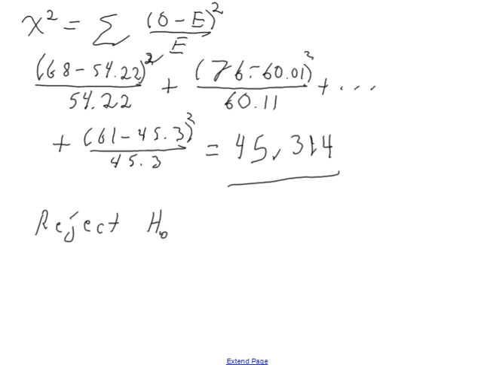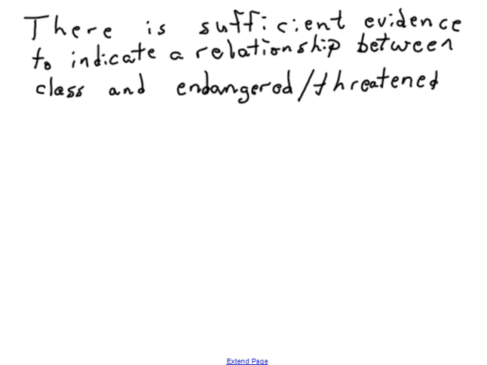And it's always a square, so it's always positive. And then you reject if it's greater than. And then we had our summary. And our summary needs to be based in terms of what our null hypothesis was. They ask if there was a relationship. That's what we need to state, if there is or if there is not. In this case, yes, there was.